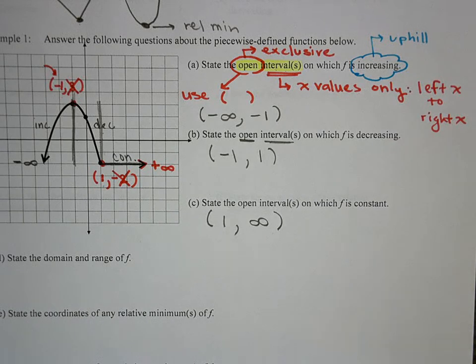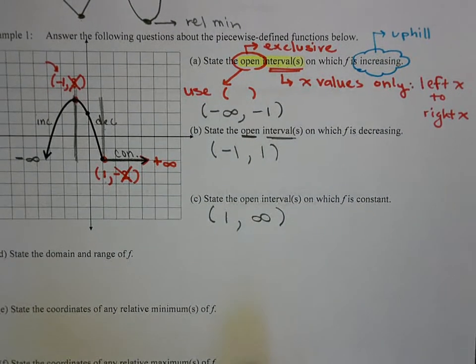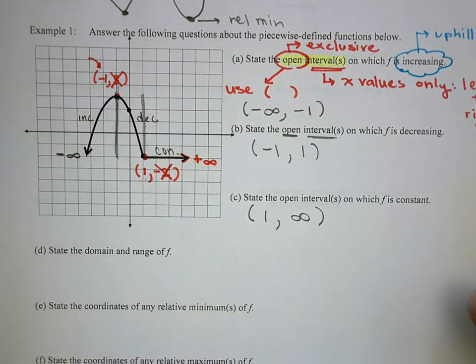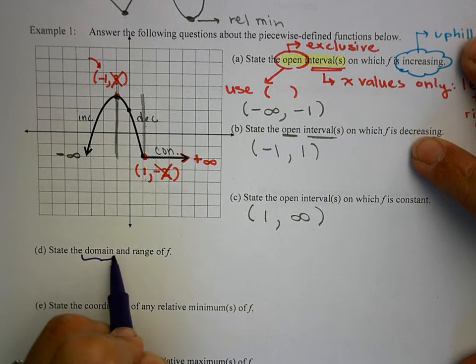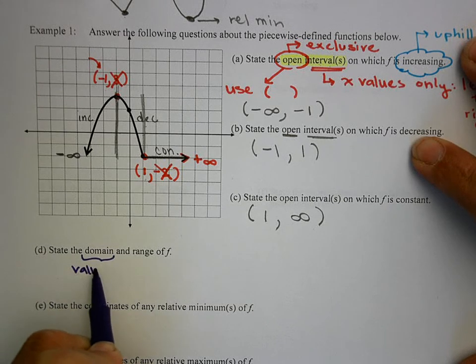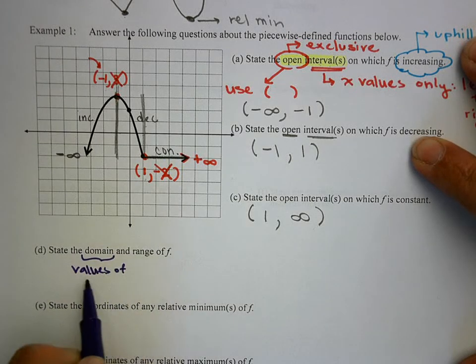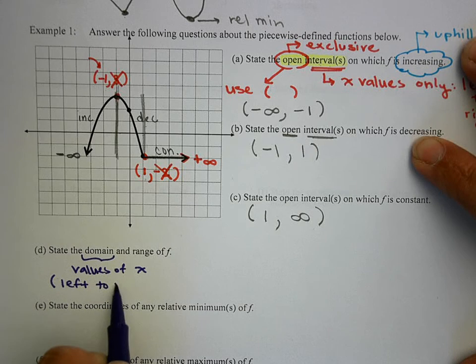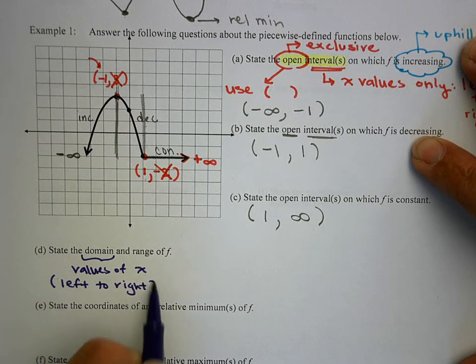All right, so then for part D, we want to state the domain and the range of f. So our domain, just a reminder on that, domain are the x values, right? So that is our values of x. And we always want to go from left to right. Okay.